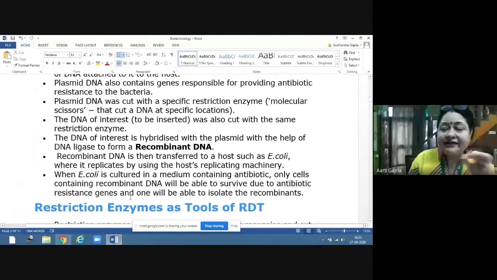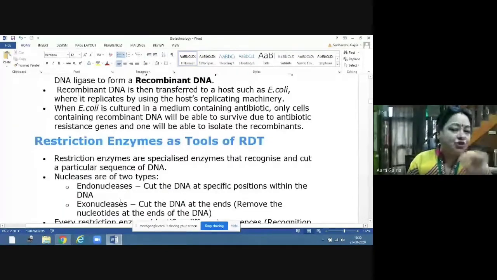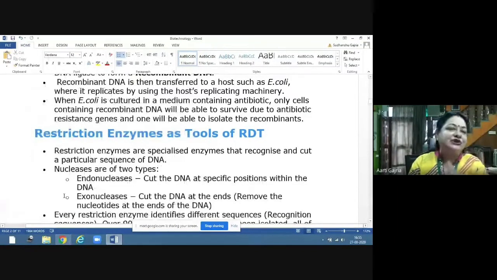Now restriction enzymes are used as tools for recombinant DNA technology. As I told you, restriction enzymes are special enzymes which cut the DNA at a particular sequence, and they are of two types: endonucleases and exonucleases.